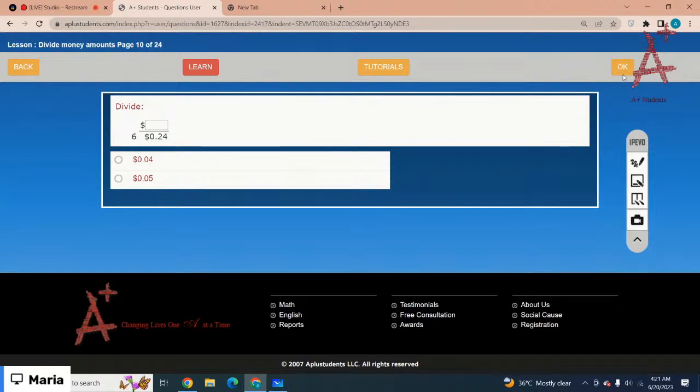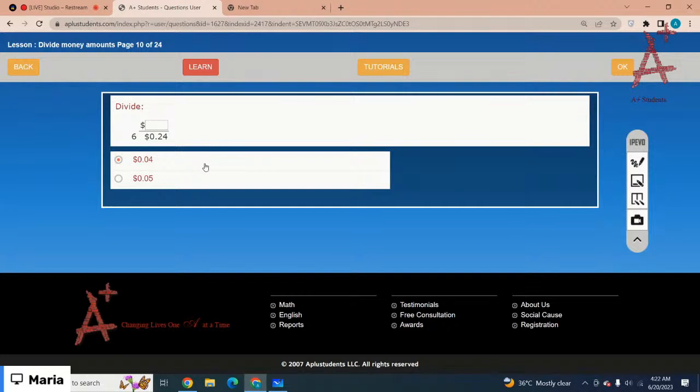Just complete the digits. So, 0.24 divided by 6, which is the correct option? You have to count 6 until 24.